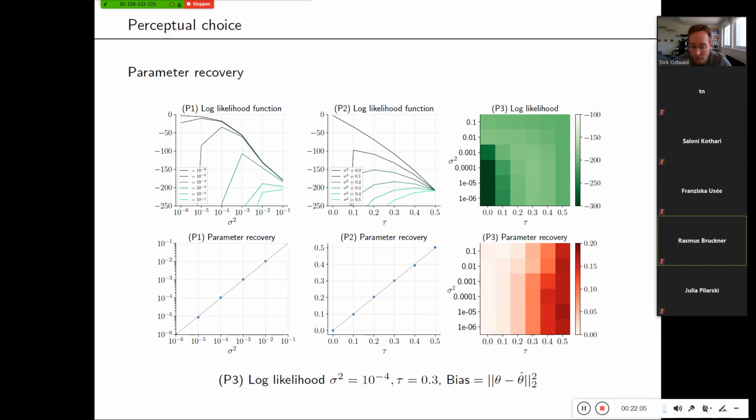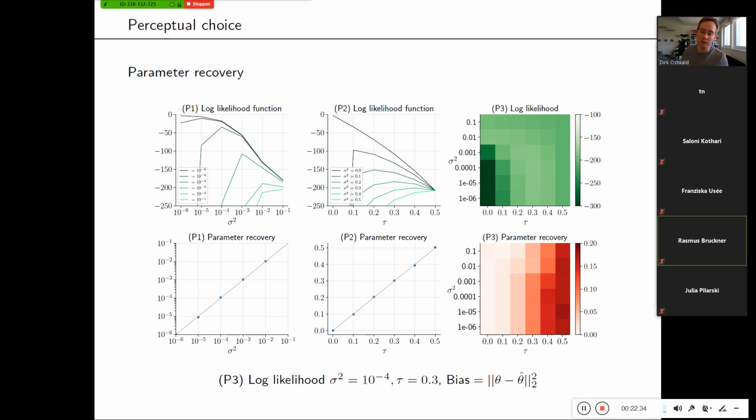So if you read the cognitive neuroscience literature, some people say essentially what you should do is fit your model to participant data, and then you find some parameters, and then make sure that you can recover these parameters. That makes sense, and it shows that your parameters of interest are recoverable.